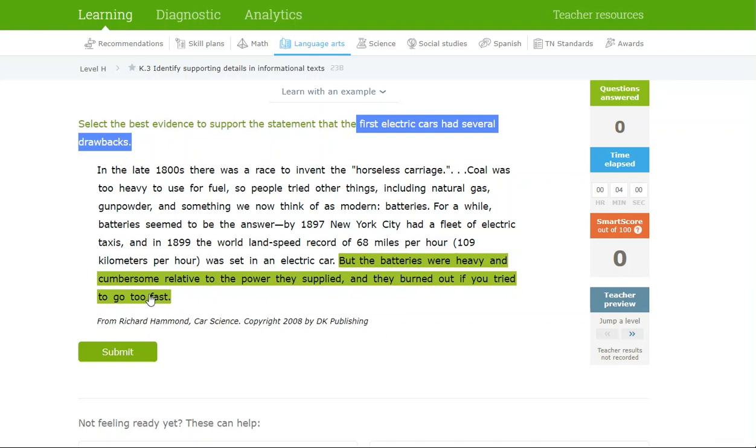So they were almost too heavy to be worth the power that they were actually giving out. And then it says they burned out if you tried to go too fast. So imagine driving in a car and the battery burns out if you try to go too fast. There's some serious problems. And I'm thinking that that is evidence that the first electric cars had several drawbacks.